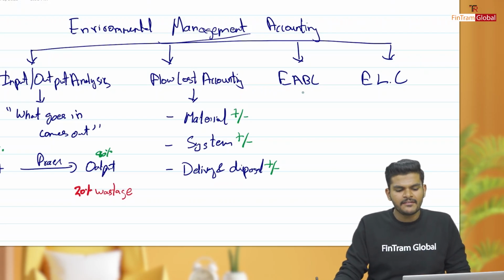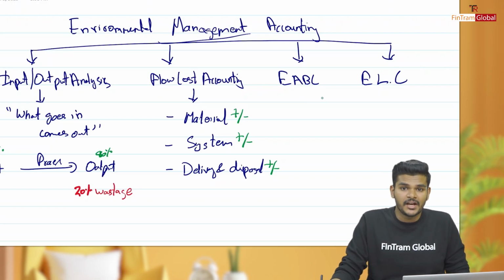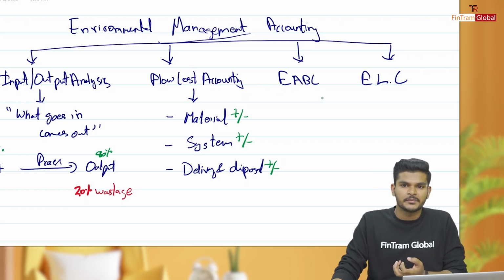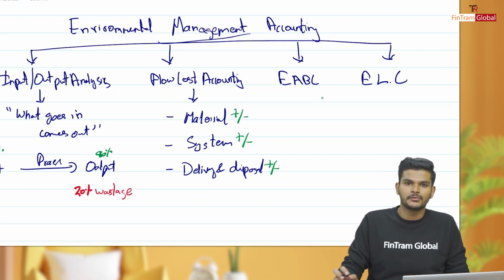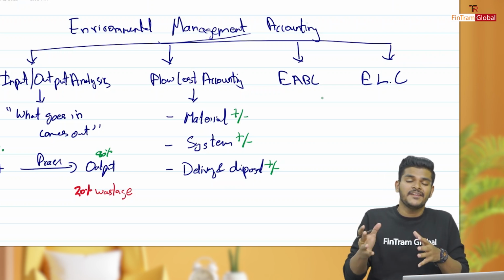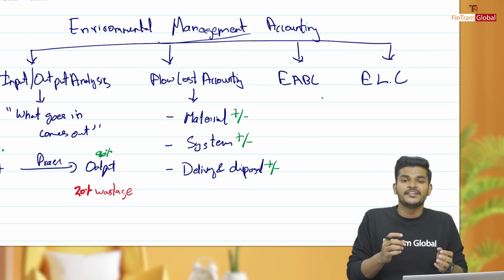And then we also have activity-based costing environmentally, which is environmental activity-based costing, which is where we implement the ABC principles when it comes to environmental accounting. That's basically the idea here. So we identify environmental costs and the driving factors that generate these costs.